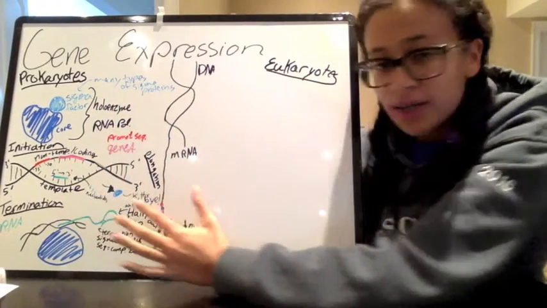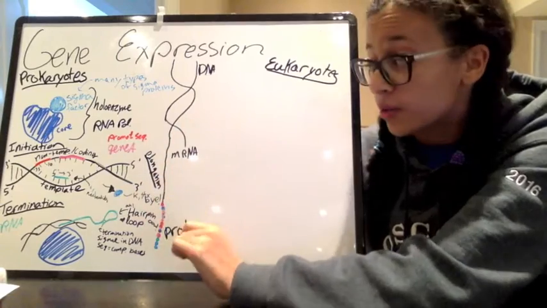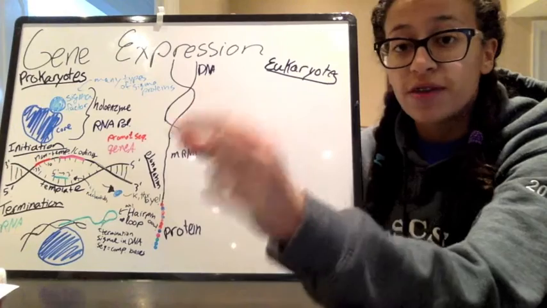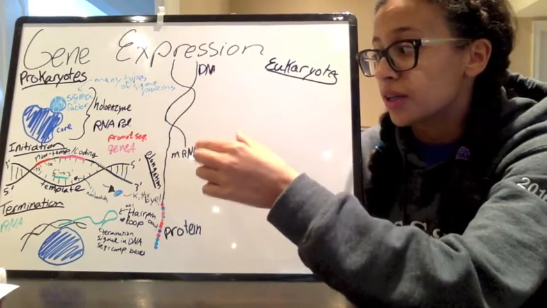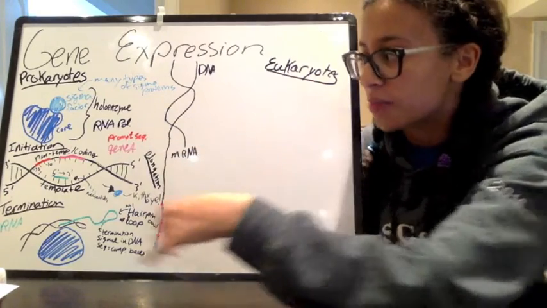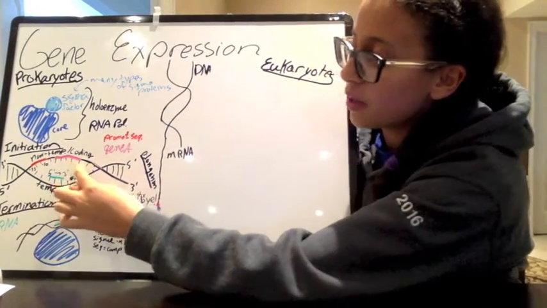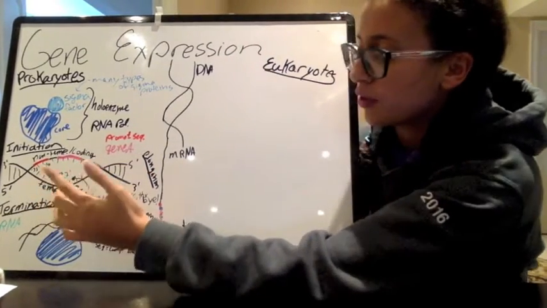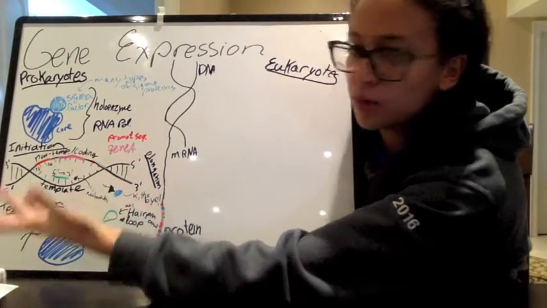Now when we're starting transcription, we're going to start with initiation. This sigma factor is what's going to help find the specific part of the gene, of the DNA that we want to transcribe. Say this is our gene over here in pink and we want to use this to eventually make protein. Well, first of all, how are we going to find it?